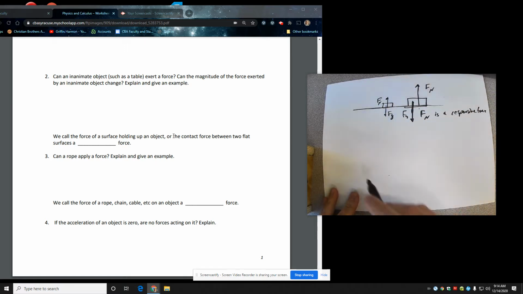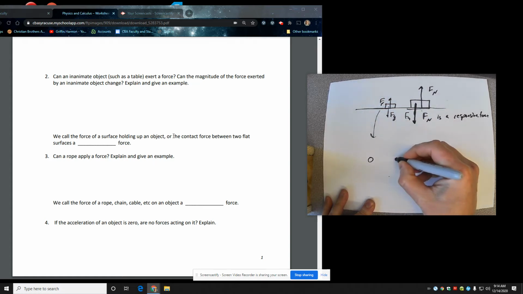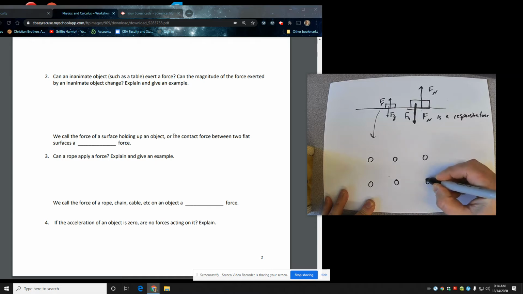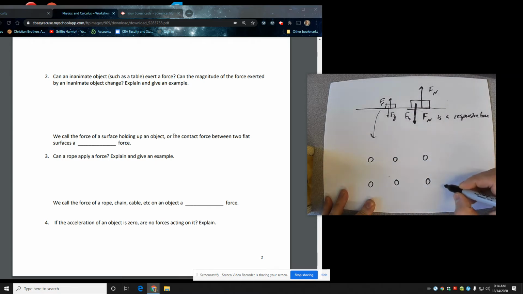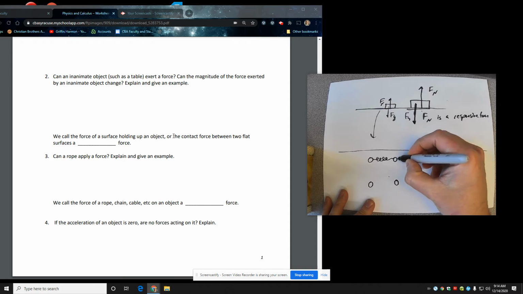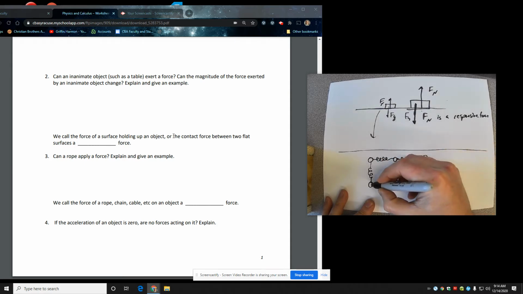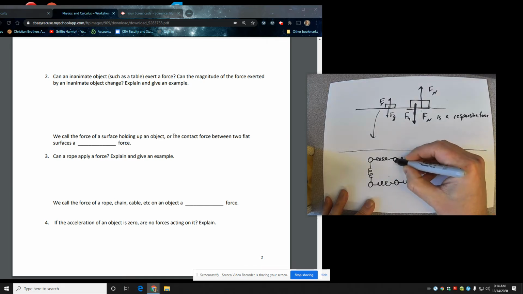Now, how does a table do that? Well, any solid you can draw on a molecular level. Pretend these are the molecules that make up the desk, right? And here's like the surface of the desk. What we do is we model all solids as little spheres representing the molecules connected by springs, right?